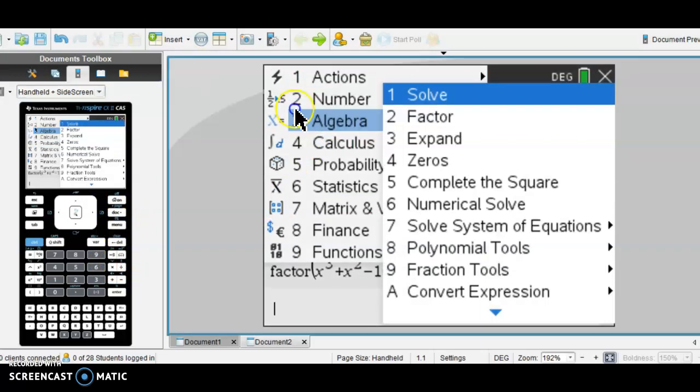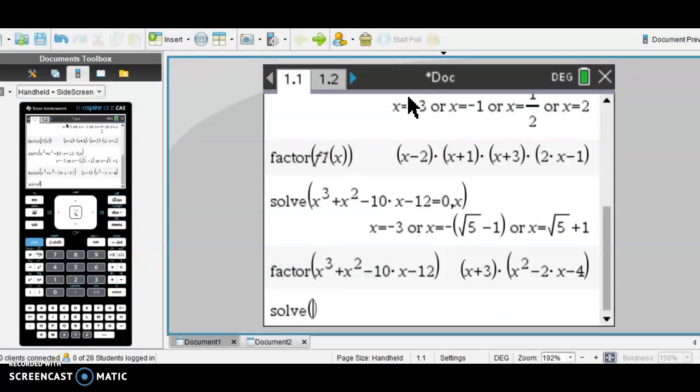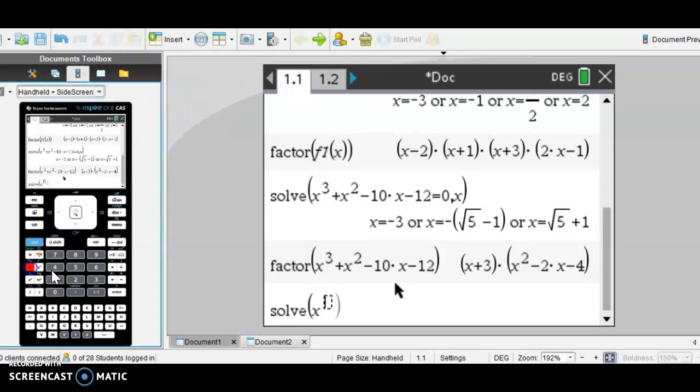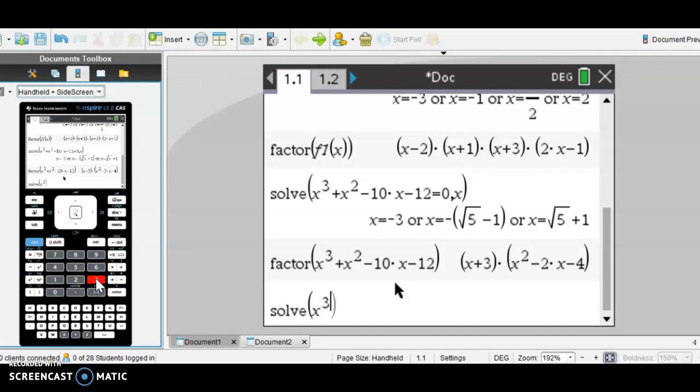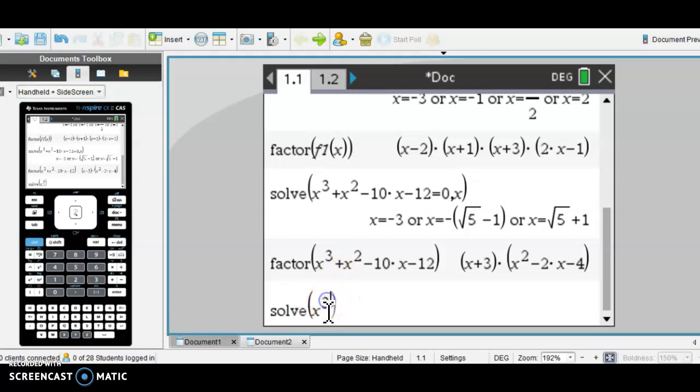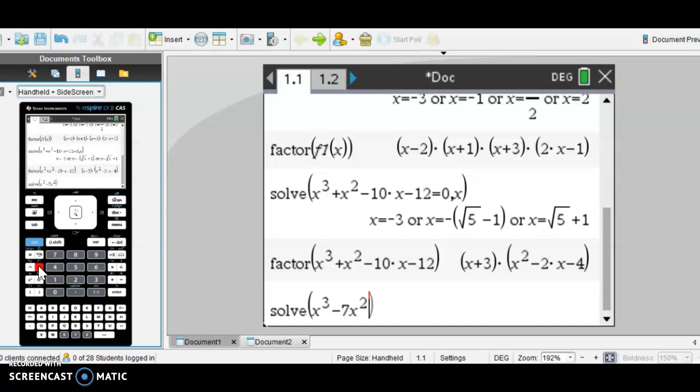That was x cubed, raised to the power of 3, minus 7x squared, plus 7x, plus 15.